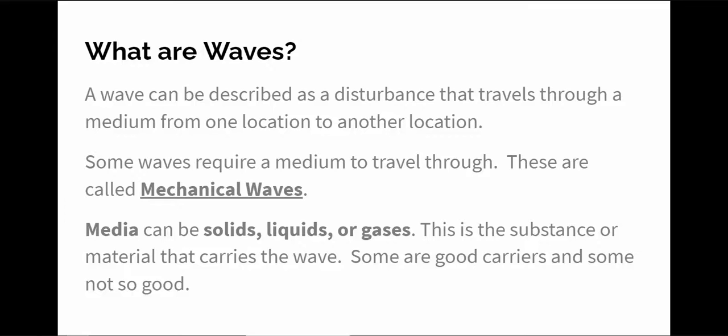Okay? So a wave is just any disturbance that travels from point A to point B through a medium. Mechanical waves require media. If it requires media, it's a mechanical wave. If it doesn't require media, it's not a mechanical wave. A good example of a mechanical wave would be sound. A good example of a non-mechanical wave would be light.